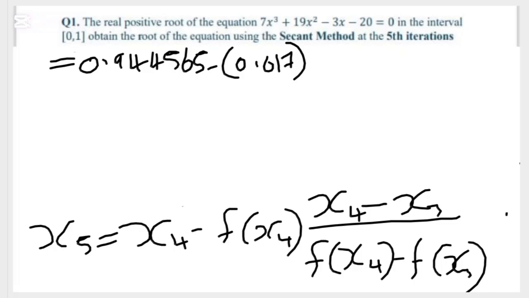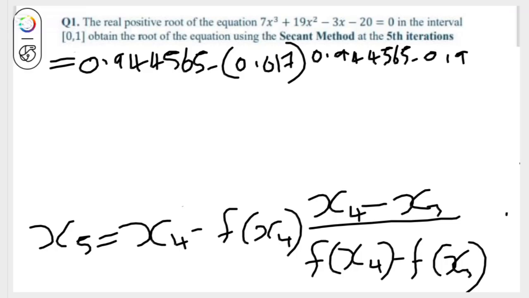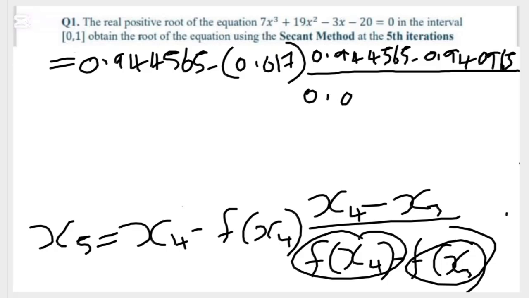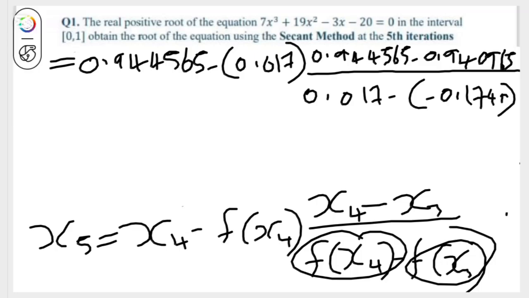Therefore, x4 is the same thing as 0.94465 minus the x3, if you could remember, 0.94096, divided by f of x4 minus f of x3, which is the function 0.017, and therefore I have to subtract it by minus 0.1749. So what am I going to get?